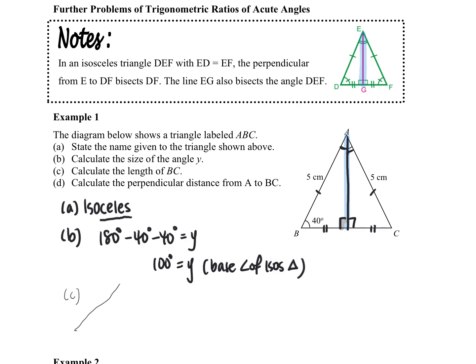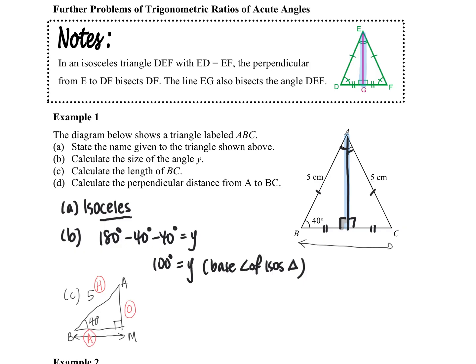Okay, next one. If we zoom into this triangle, 5, 40, the question wants me to find this full length. So that means I need to find half of it first. Let me call this M so that it's easier. If you have a right angle triangle, first thing you do is identify your H, your adjacent side, and your opposite.